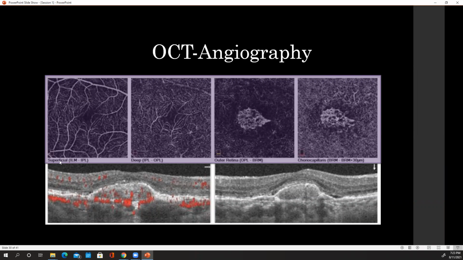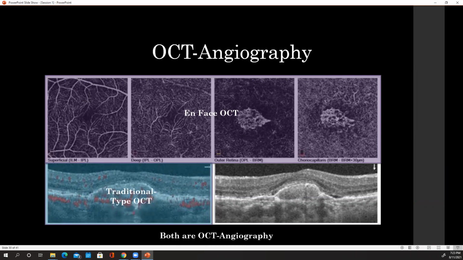So this is basically showing us an en face sort of OCT using OCT angiography. And then you look over here, this is your traditional type OCT angiography, and then both are OCT angiography. This is still OCT angiography because you can see the vessels light up, right? But it's not telling you depth. I mean, you have to go through each one of these cuts, but this one's your traditional type, which gives you flow with these red spots.